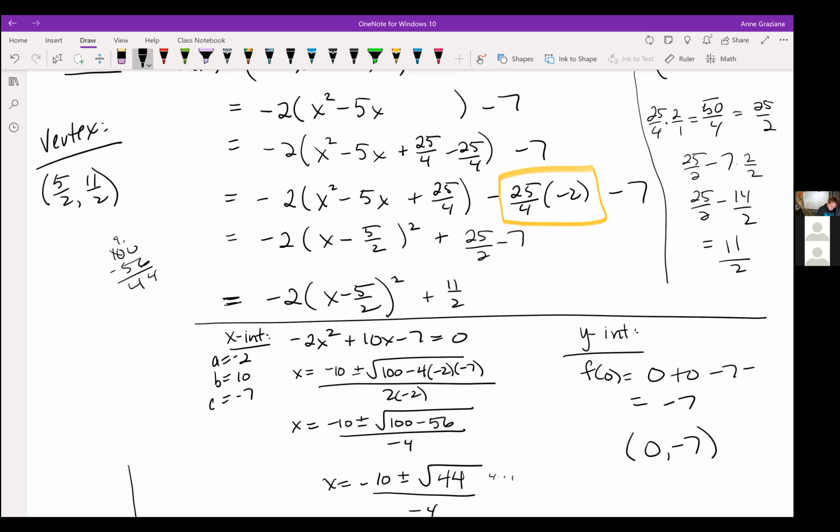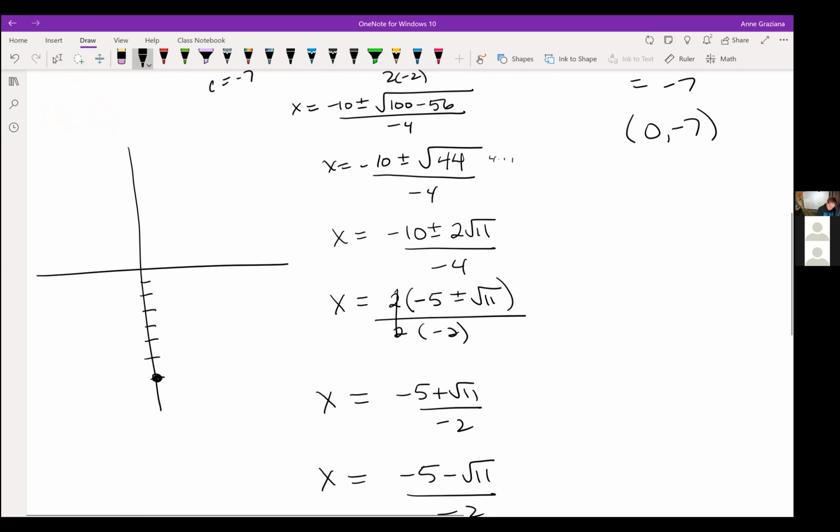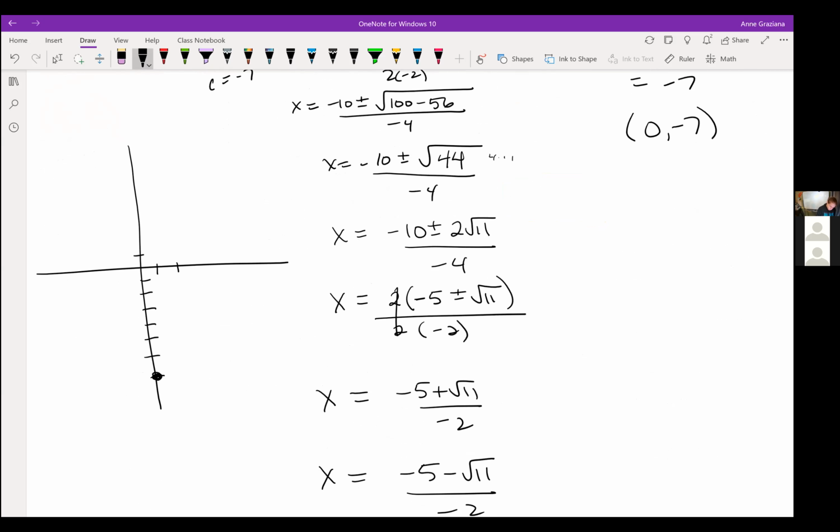This is really 2.5, comma 5.5, right? So 1, 2, 1, 2, 3, 4, 5, 2.5, about right here. So this is 5 halves, 11 halves.